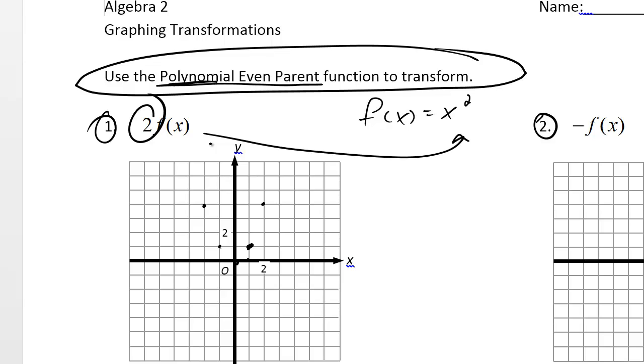Meaning if we had our notes out, we would know that this means we're going to stretch this function. Okay? If we multiply by a number less than 1, it's compressing. But since it's larger than 1, it's 2, we're going to stretch our function by a factor of 2.